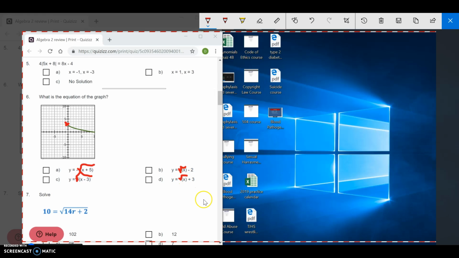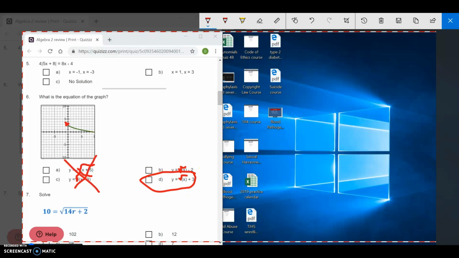Now, I noticed that this is not moved right or left, so I can get rid of these two answers right here, because this shows x plus 3, x plus 5, and x plus 3, and those tell me if it's moving left or right. This has not moved left or right. In this one, it is moving up 3. So my answer would be D.